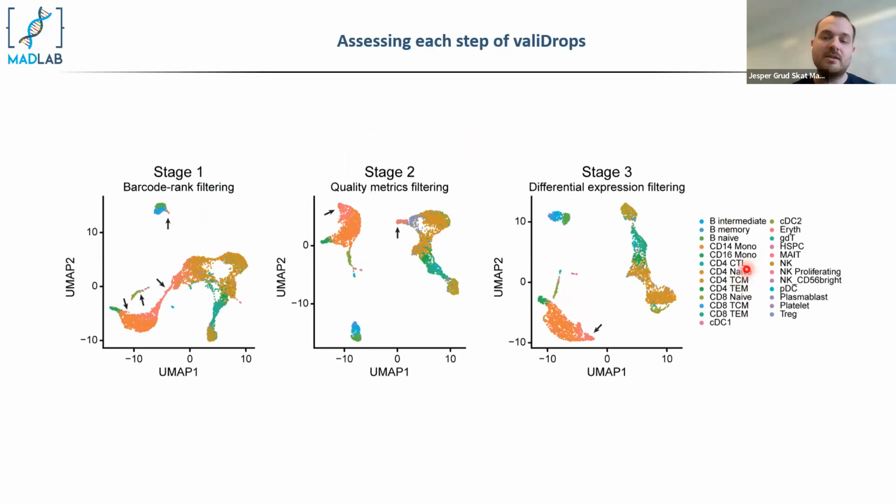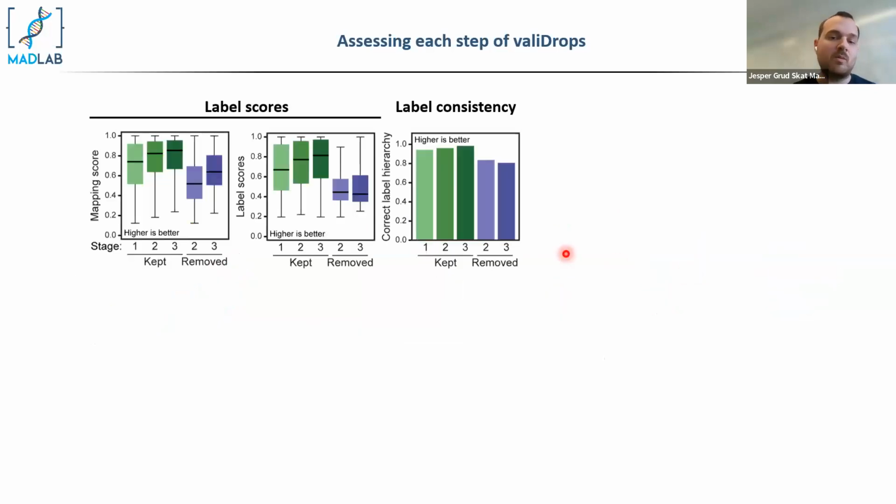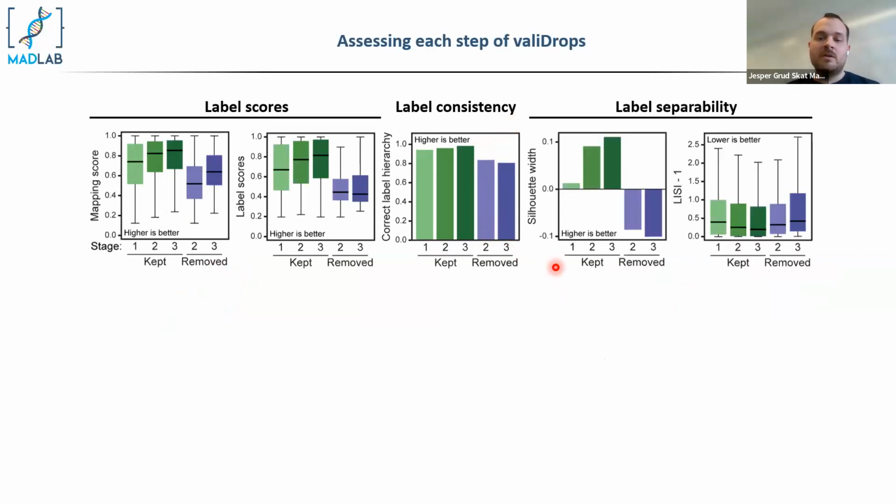So what we did is that we transferred several layers of labels, and then we ask if a cell is labeled as a CD4 T cell on one level, is it then also labeled as a child of that label on the next level? And we can see that that label consistency improves to almost perfect consistency, where labels are transferred only from parent to child, whereas the barcodes that we remove are again much less consistent than the ones that we keep.